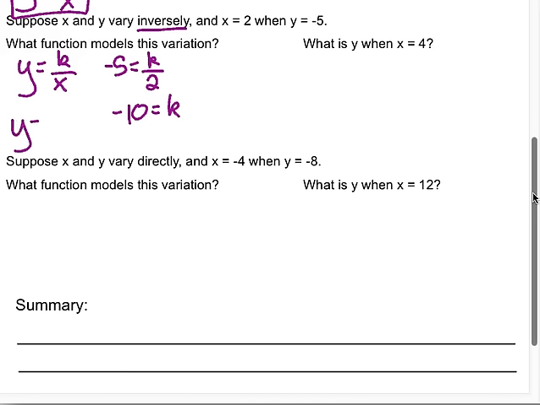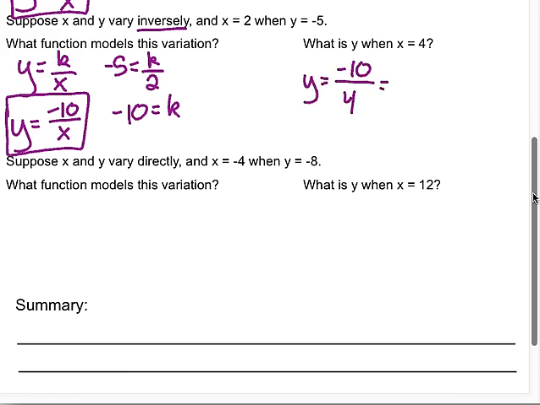So now that I know what k is, I want to put that into my equation so I can have my legitimate equation, y equals -10 over x. Just like before, the legitimate equation is always in terms of x and y. You find what k is in order to write the equation. And now the second piece, what is y when x is 4? Well, all you have to do at that point is plug in the 4. Negative 10 divided by 4 gives you a negative 2.5 for that answer.